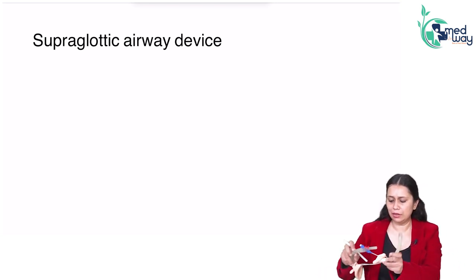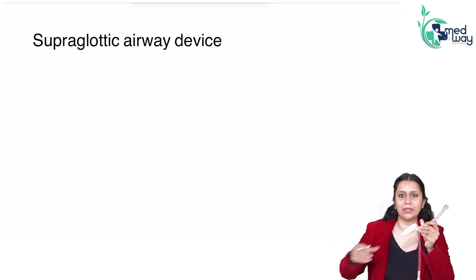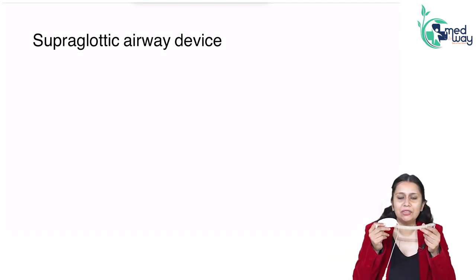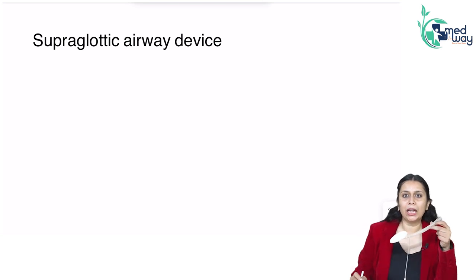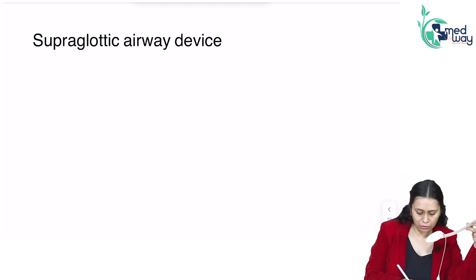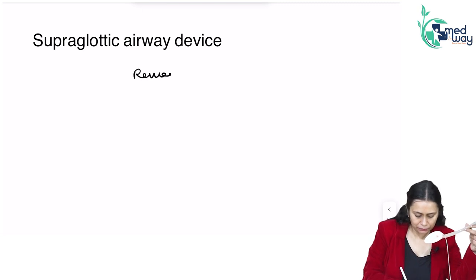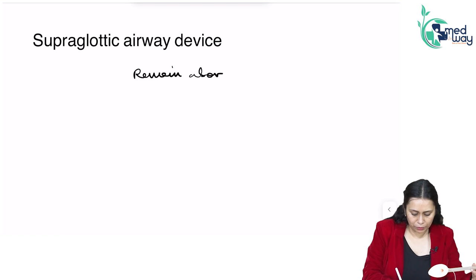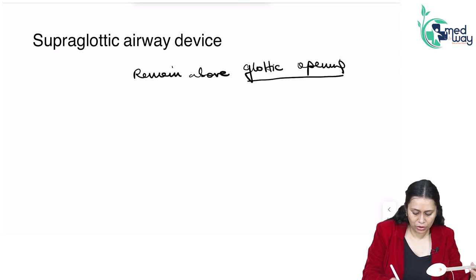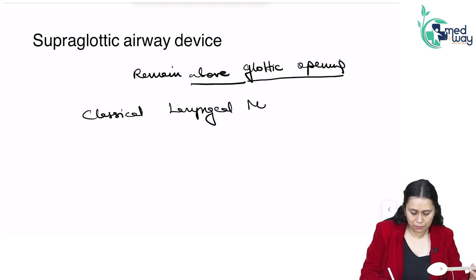So let us see an image of a supraglottic airway device. So this is a supraglottic airway device, the classical laryngeal mask airway. This is the prototype of the supraglottic airway device. They remain above the glottic opening. And the first device which I would discuss in this would be the classical laryngeal mask airway.